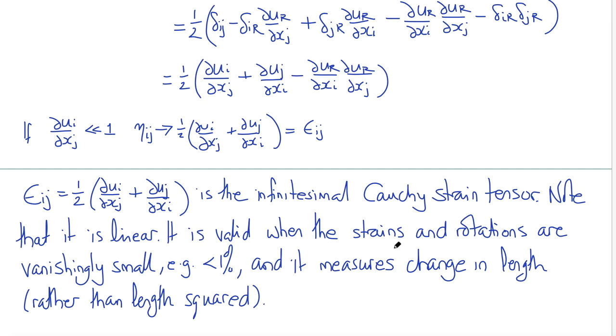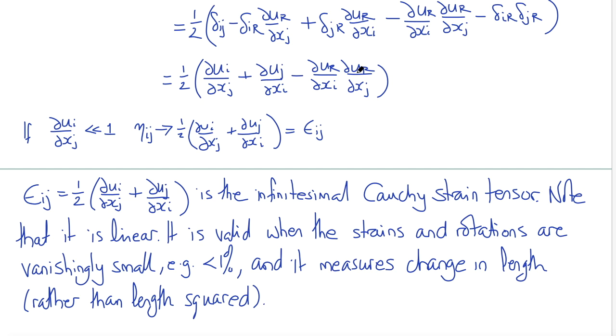So the Cauchy strain tensor in practice is very useful if the strains and the rotations, in other words, if the displacement gradients, which contain both length changes and rotations, are on the order of 1% or less. 1% is 0.01, 0.01 squared is 0.0001, so compared to terms here of order 0.01, an adjustment of order 10 to the minus 4 is acceptable.